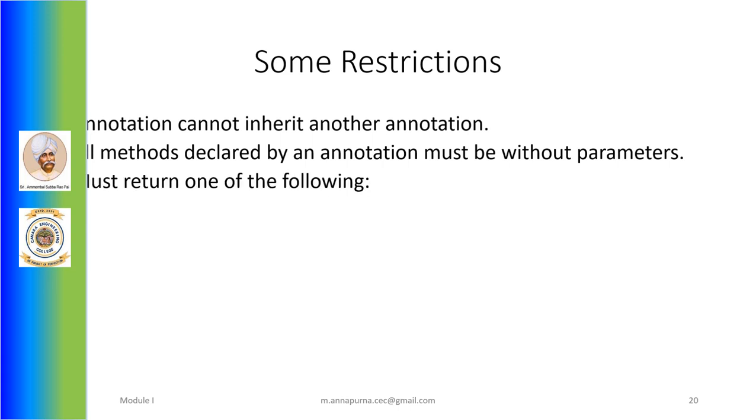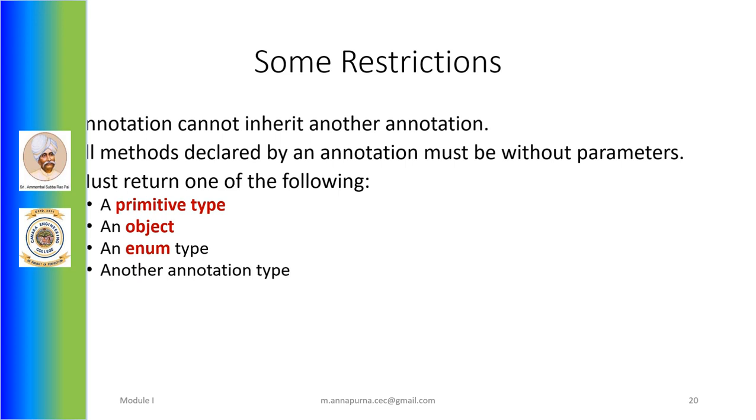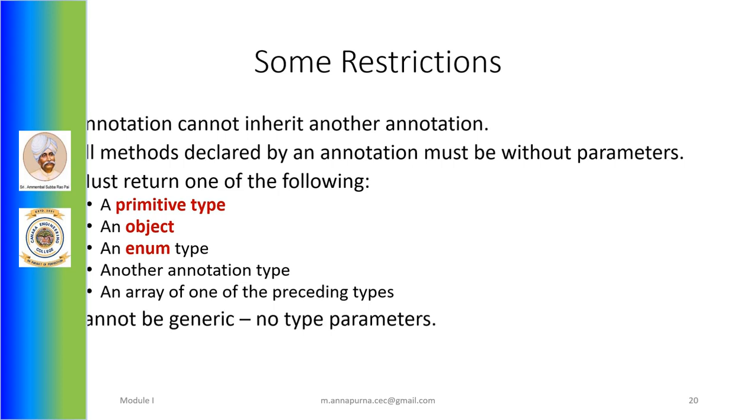Besides these, they must also return one of the following: a primitive type such as int or double, an object of type String or Class, an enum type, another annotation type, or an array of one of the preceding types.